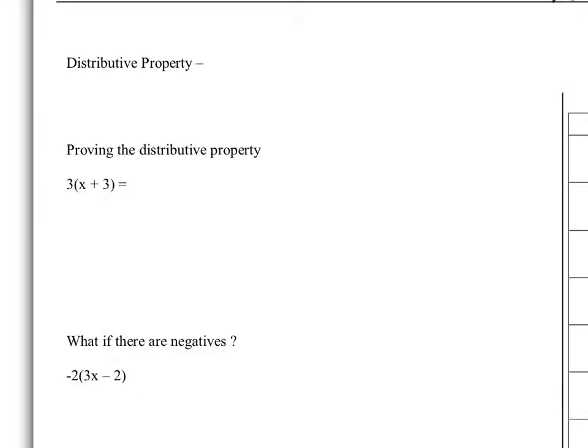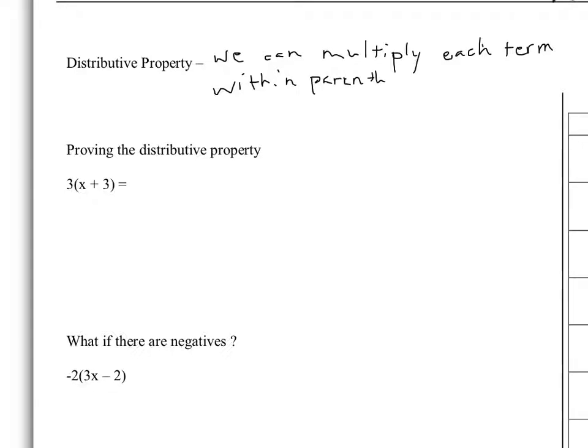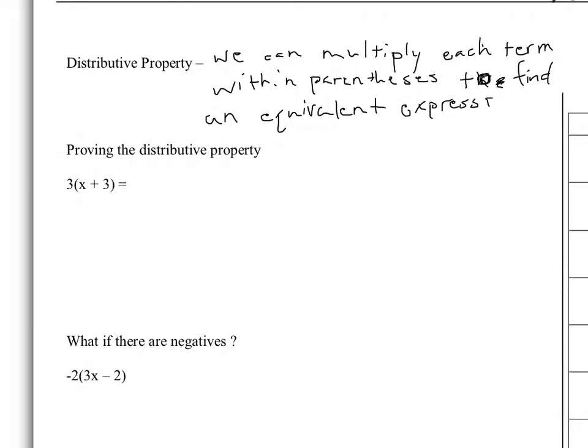We discussed more about factoring yesterday, but the distributive property says that we can multiply each term within parentheses to find an equivalent expression. Let's see an example below.